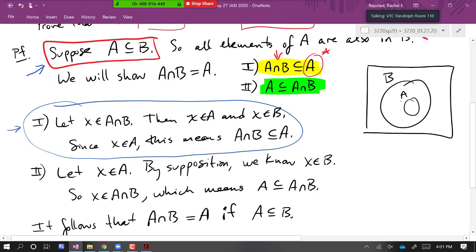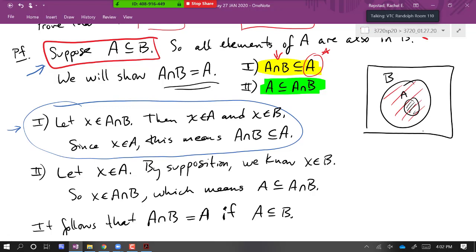And so the intersection where they overlap is precisely A, and that's what this says. If A is a subset of B, then their union means I'm going to take everything, it doesn't have to be in both sets, but if you're in either one. So the union would just be all of B, right? If you're in A or B, then you're in B in this case.